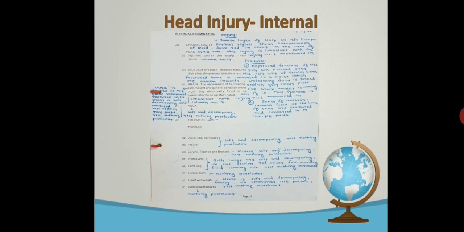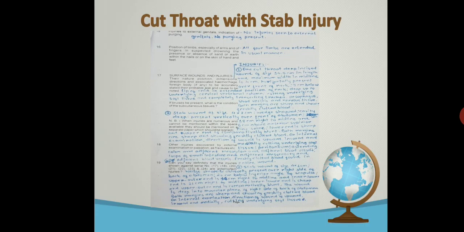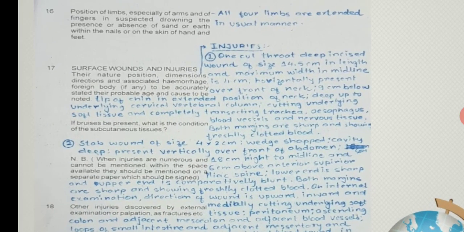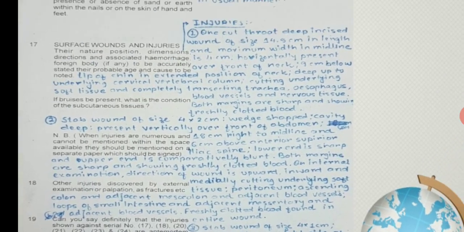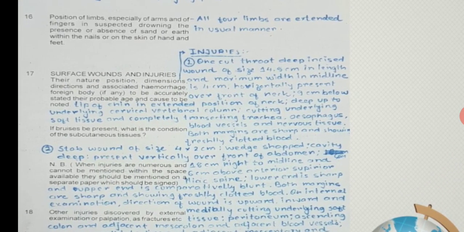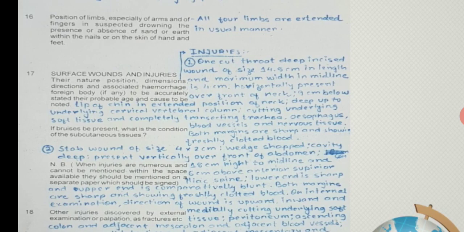Now we give some overview about internal injury, specifically in the cut throat with stab injury. So how to describe it? You can describe it like this. See in column number 17: one cut throat deep incised wound of size 14 by 5 centimeter in length, maximum width in midline is 4 centimeter.